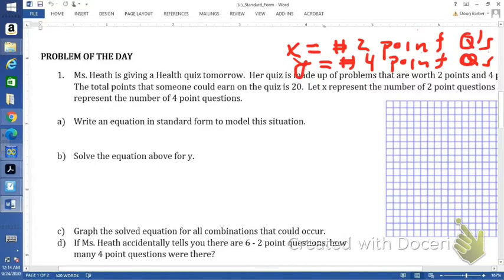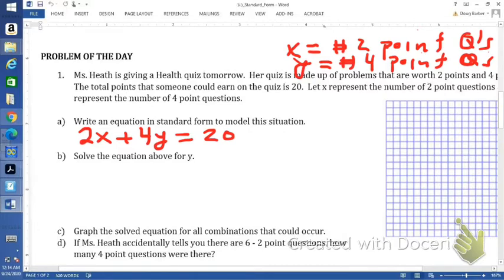Alright, so what do we know? We know that 2x plus 4y has to equal what? It has to add up to 20 points. So our equation in standard form is 2x plus 4y is equal to 20.